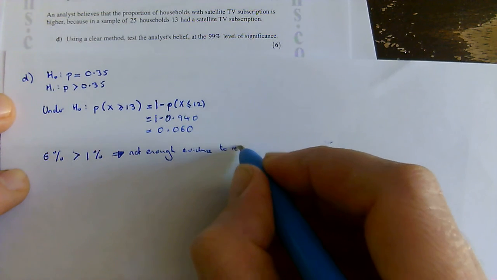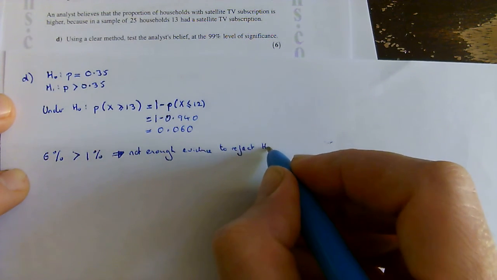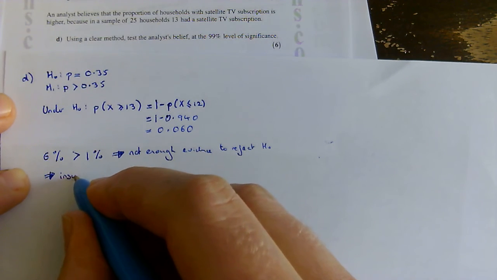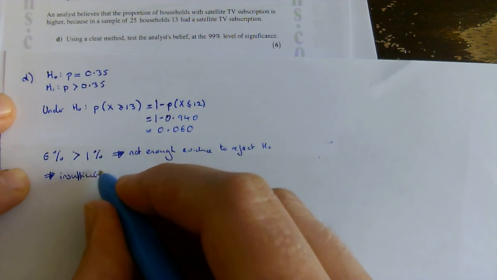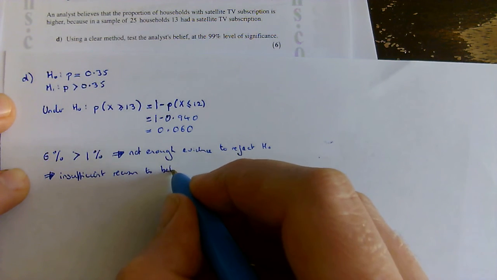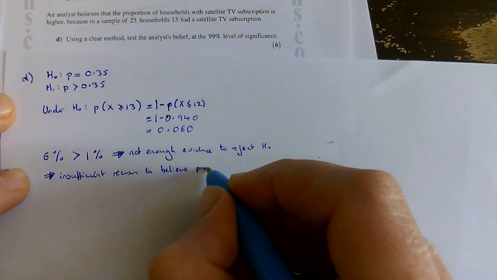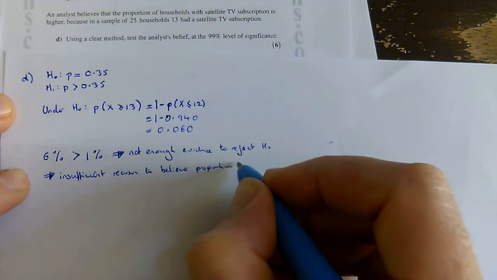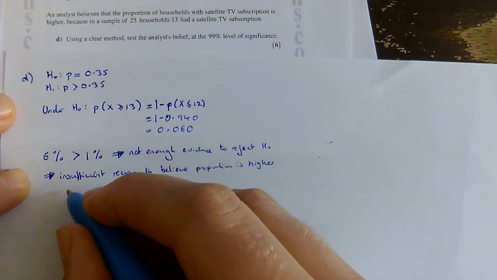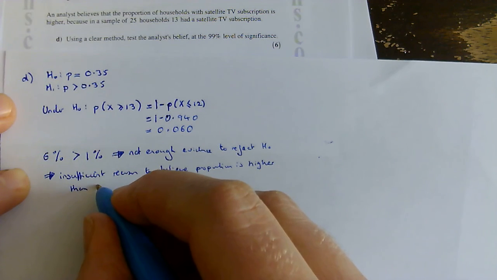So that tells us that there is insufficient reason to believe the proportion is higher than 0.35.